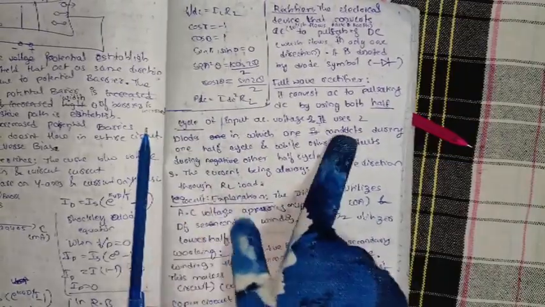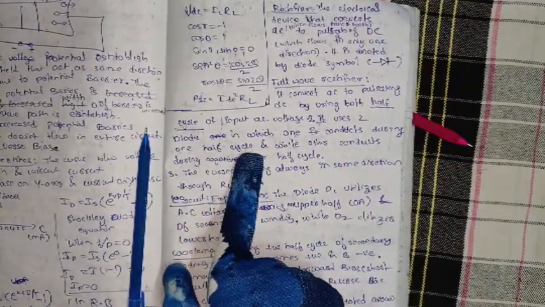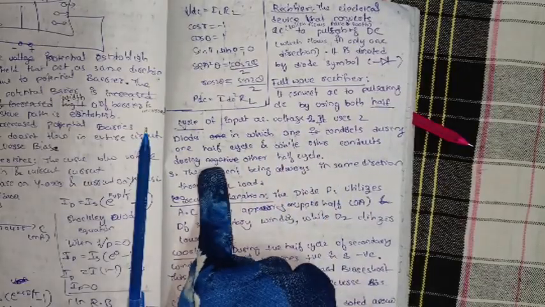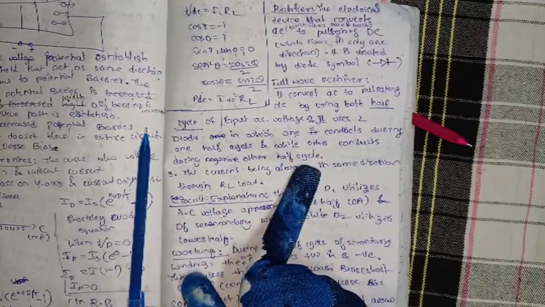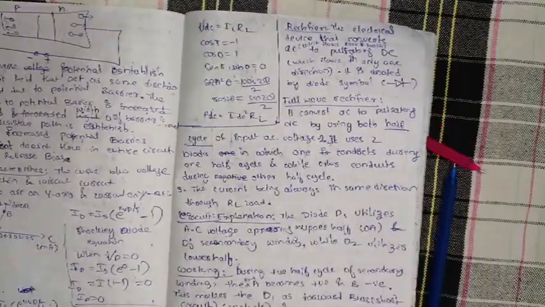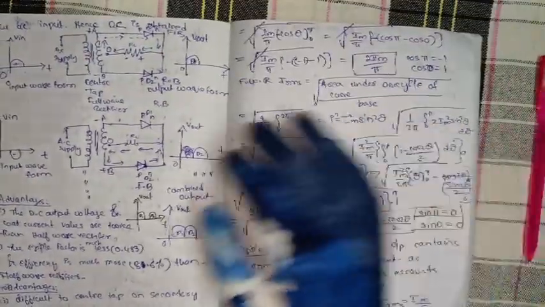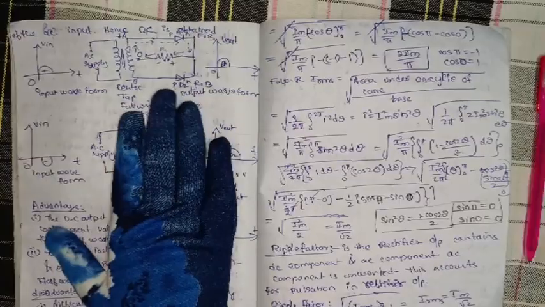Then it uses two diodes, in which one conducts during one half cycle and the other conducts during the other half cycle. Through the diagram we can understand easily.